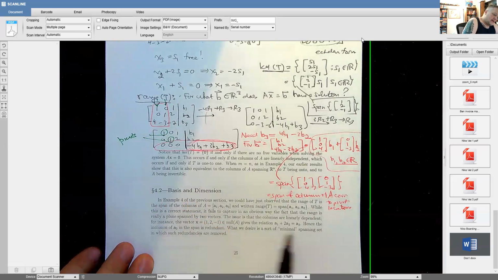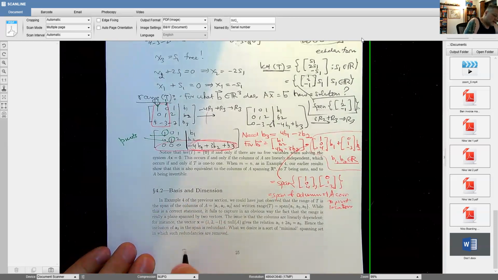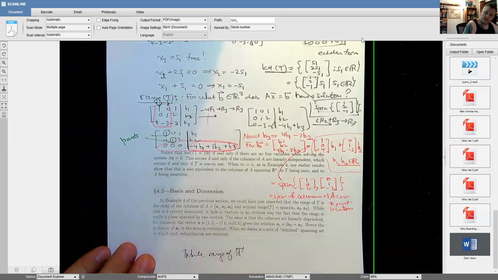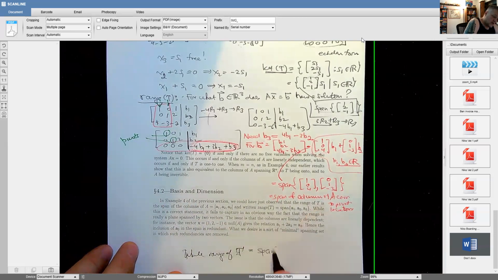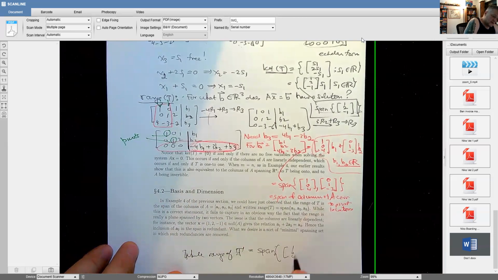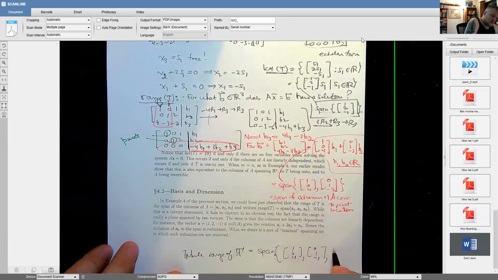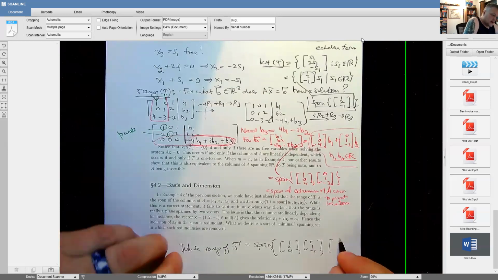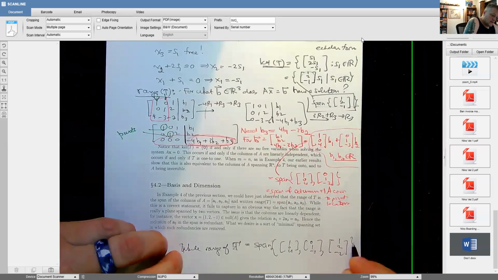And so in this case, the range of that linear transformation is in fact the span of those two vectors. I could have said it's the span of these guys and not have to worry about the exact number of vectors that would have done the job, right?